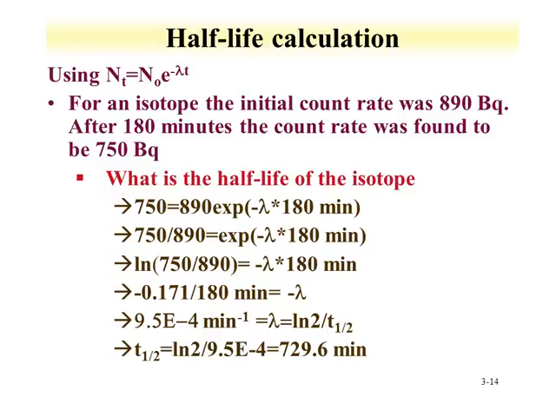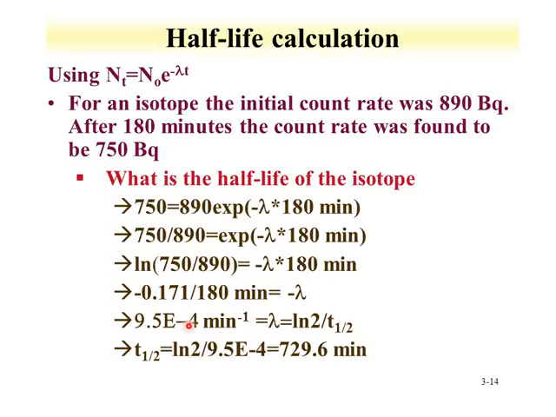Let's put in our terms. This is N t. This is N naught. I counted it for 180 minutes. That's the t here. And I just need to solve for lambda. Here's this equation. We rearrange the equation, take the natural log of both sides, and divide by 180 minutes.